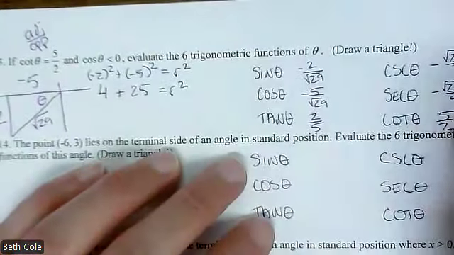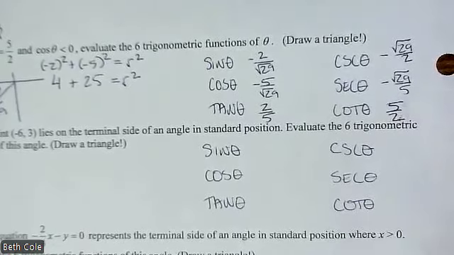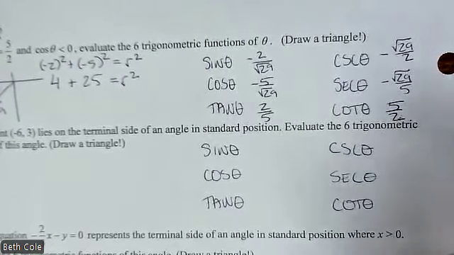And this one was given to you in the problem. So you better not mess that one up because that was part of the given information. All right, which 2 do you have to rationalize? Yeah, sine and cosine. This will be -2 square root of 29 over 29, which arguably looks worse. And then -5 square root of 29 over 29.